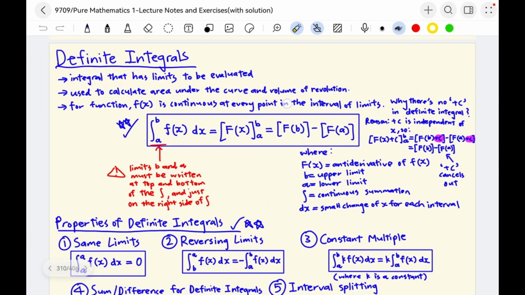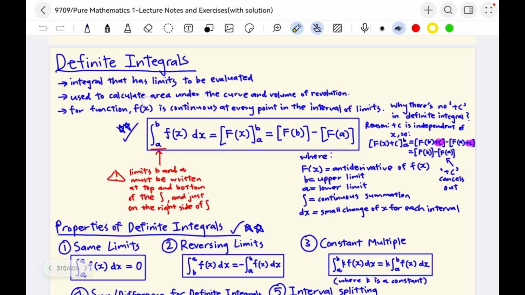For a function f(x) that is continuous at every point in the interval of the limits, the integration of f(x) from a to b, where a to b are the limits, restricts this to certain boundaries to get the area under the curve. I hope you remember that the definite integral is the area under the curve.